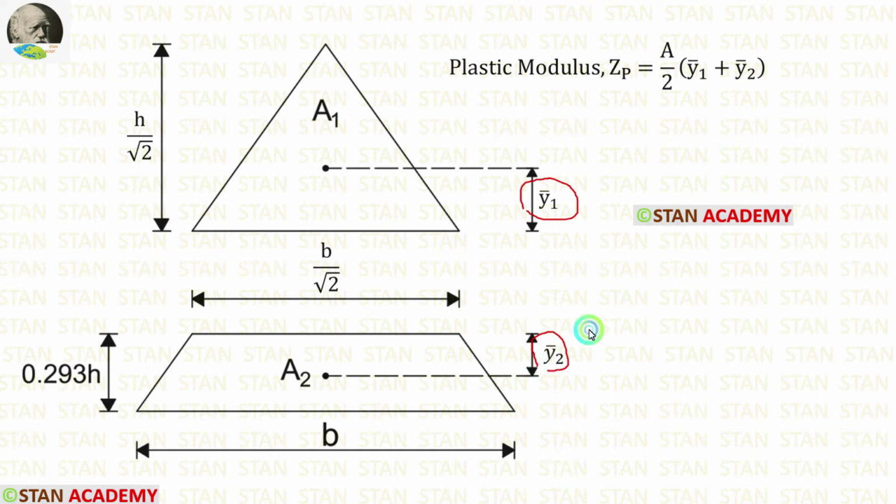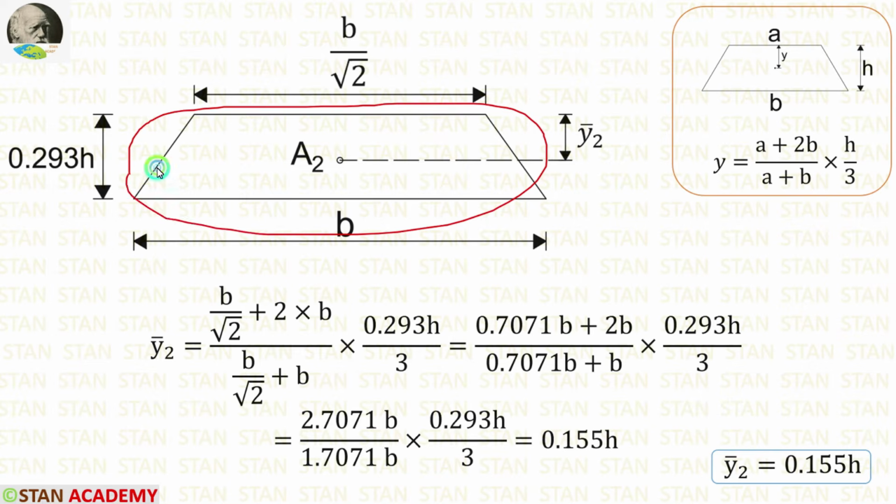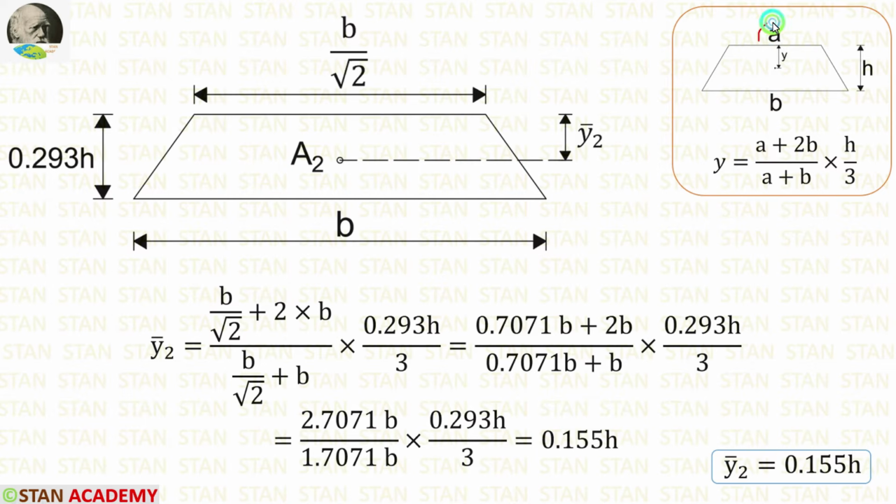We have calculated y1 bar. Now let us calculate y2 bar. This is a trapezoid. Let us consider a trapezoid having the dimensions of A on the top and B on the bottom. The distance from the centroid to the top is (A plus 2B) by (A plus B) into h by 3.